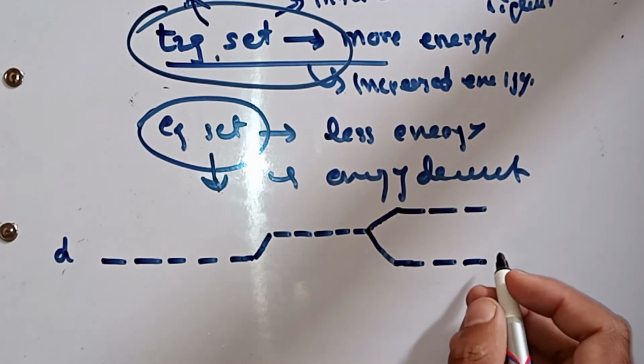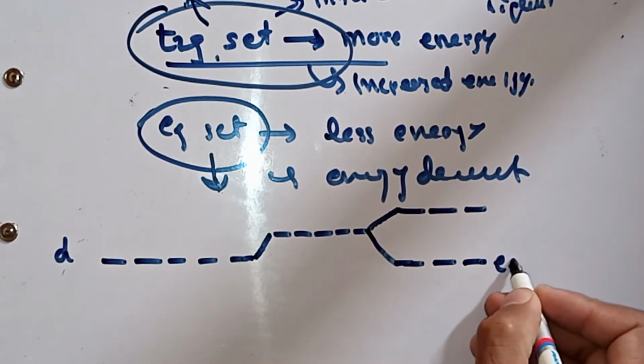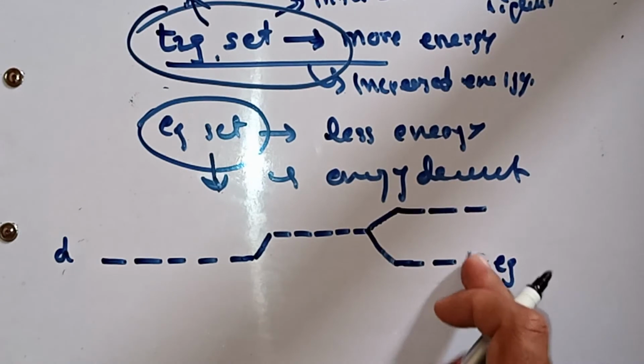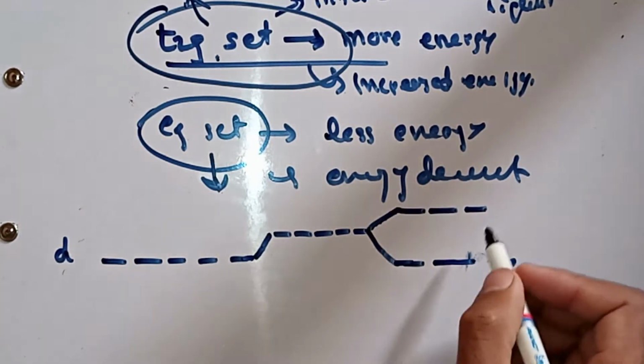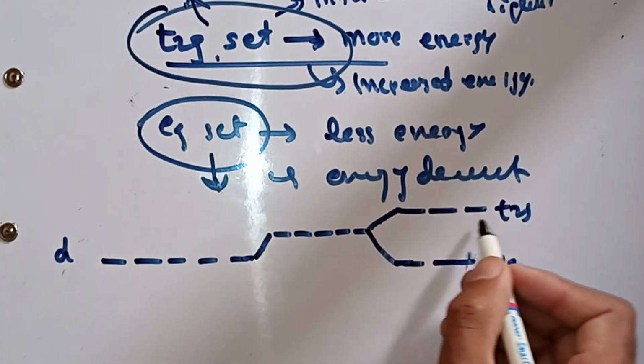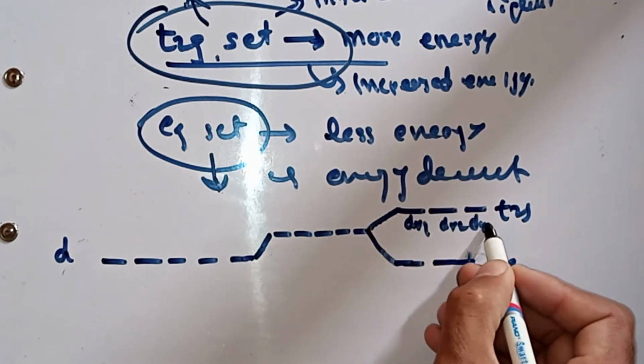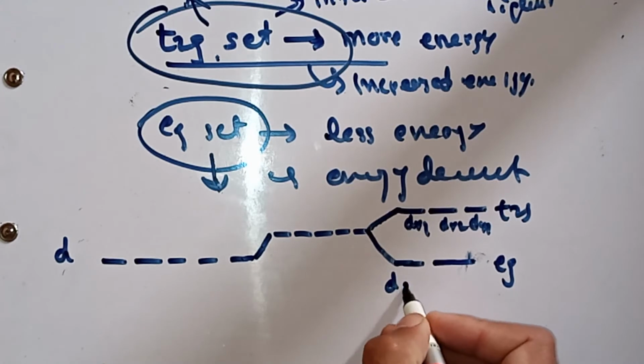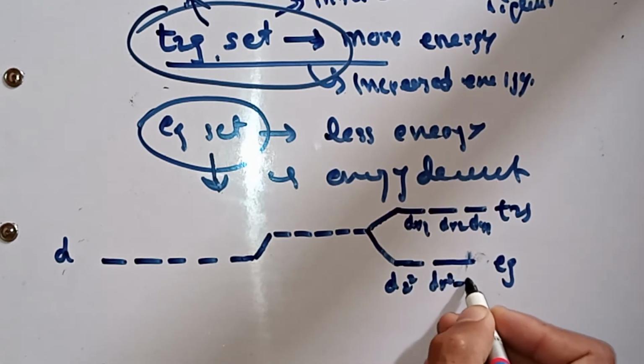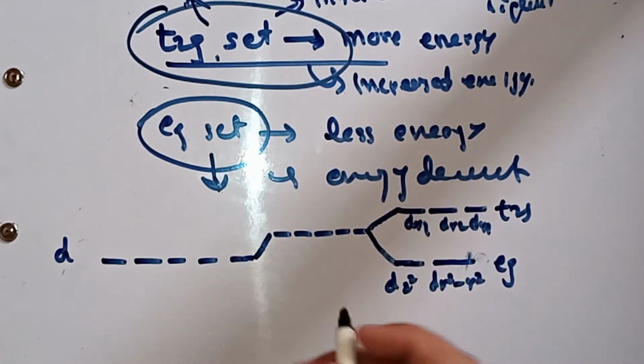Is that right? The eg energy is decreased. eg has two orbitals while T2g has three orbitals: dxy, dxz, dyz. While the eg orbitals are dz square and dx square minus y square.